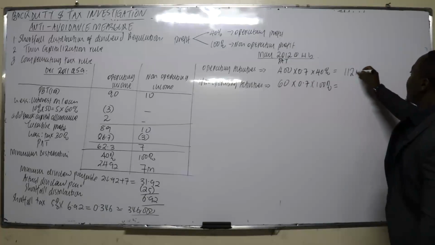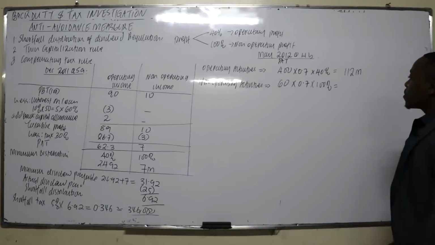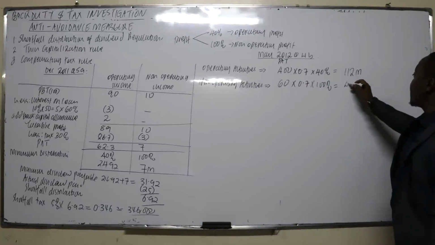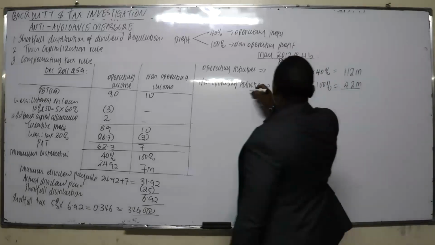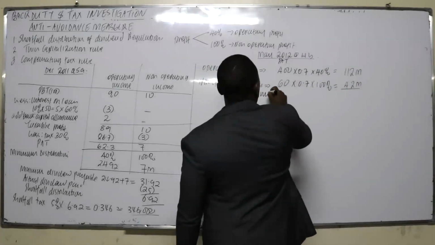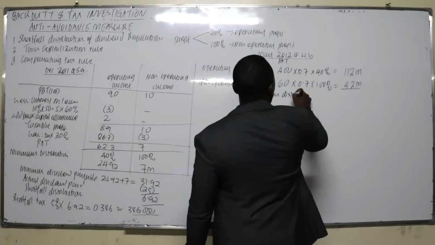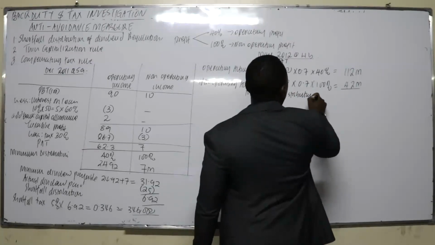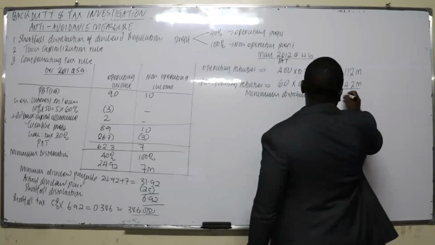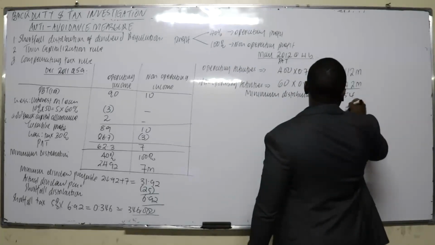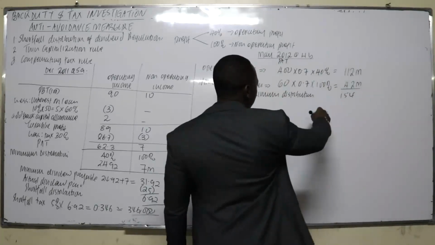$112. Is it 42? Yeah. So the minimum distribution will be an amount of, is it 154? Then this is the minimum they should distribute.